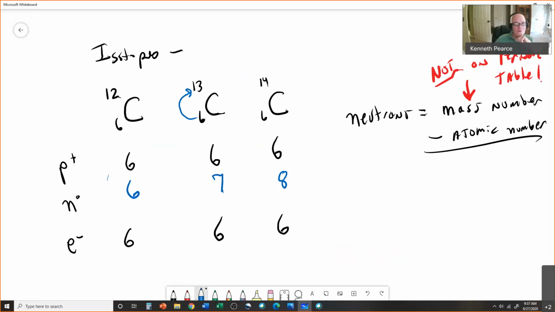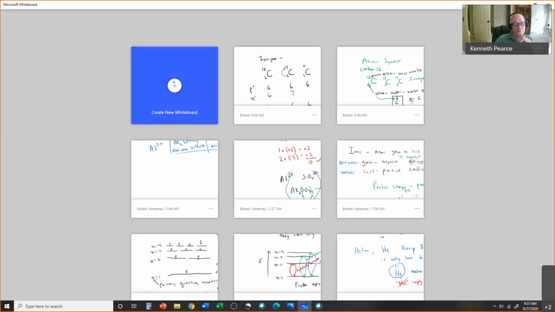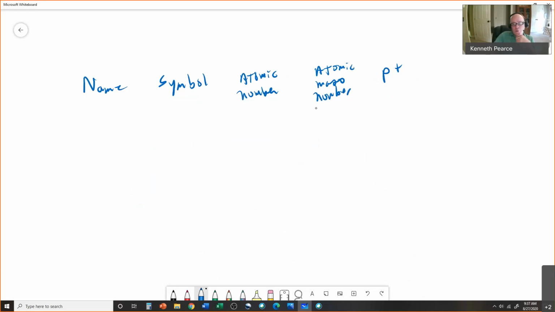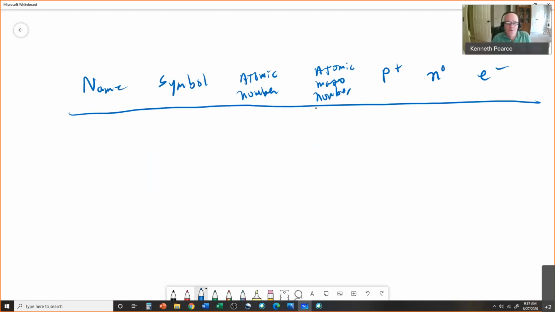Matter of fact, you can make a table where you can fill out different elements, and I believe we do this on our lab that's coming up. You might have a name, a symbol, atomic number, atomic mass number, and protons, neutrons, and electrons, and we should be able to fill out the rest with just one piece of information.